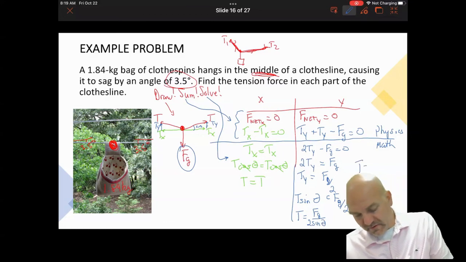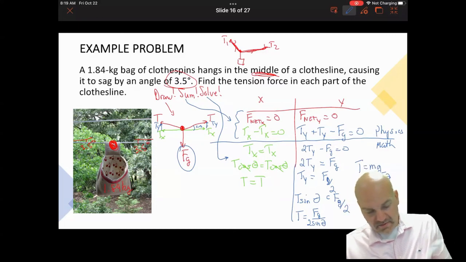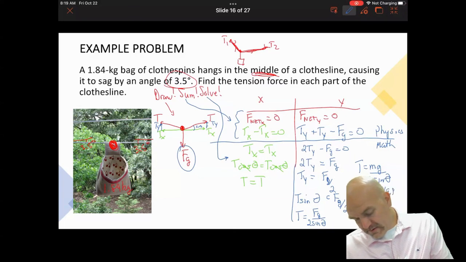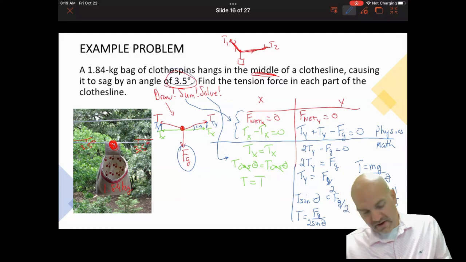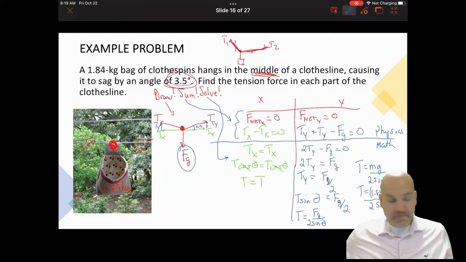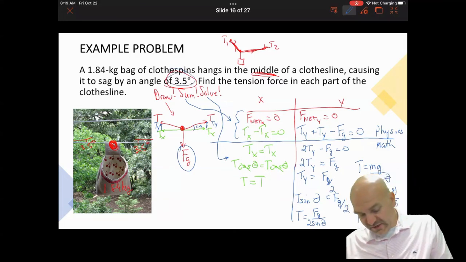Okay, so now we can just plug in numbers, or we can simplify one more step: mg over 2 sine theta. So T is going to be m, which is 1.84, times 9.8, divided by 2 sine 3.5, our angle. And that's going to give us a tension of 148 newtons.